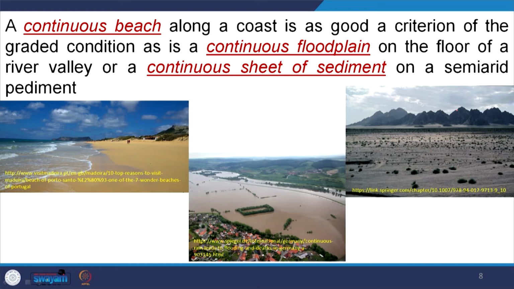If a continuous coast is there, geomorphologically it is stable. A continuous floodplain without any dissection is geomorphologically stable. A continuous sheet of sediment on a pediment is geomorphologically relatively stable. So, this continuity indicates the stability of a geomorphic system.